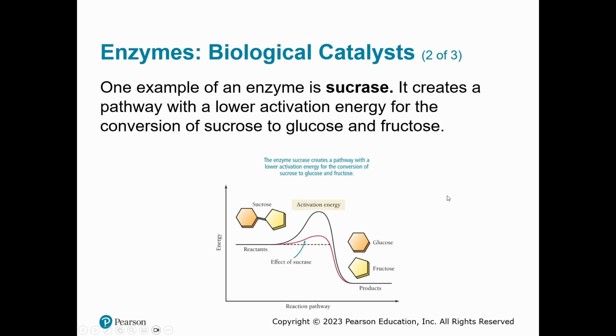A catalyst might affect a whole bunch of different transitions, whereas an enzyme affects one specific transition. Because it's so specific, it's also incredibly efficient. So we have some type of ligase enzyme that separates fructose and glucose from the sucrose parent molecule.